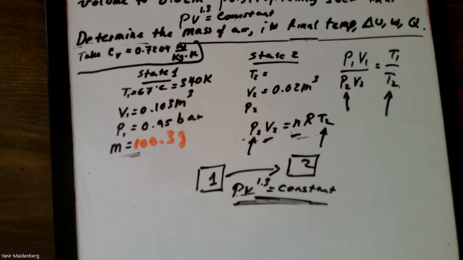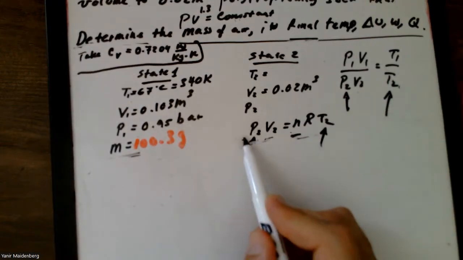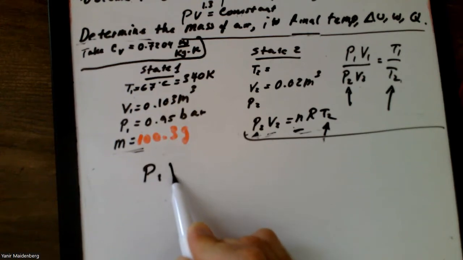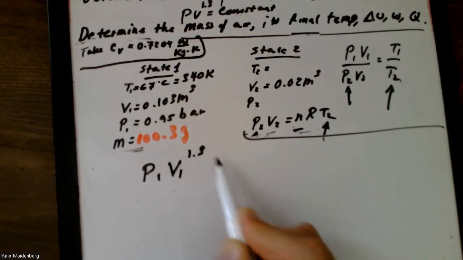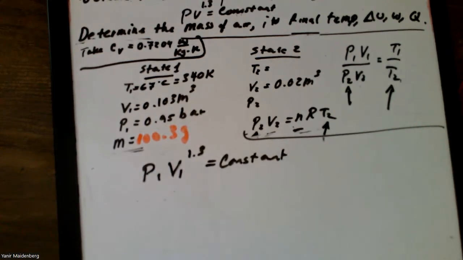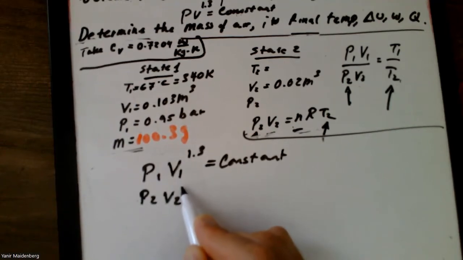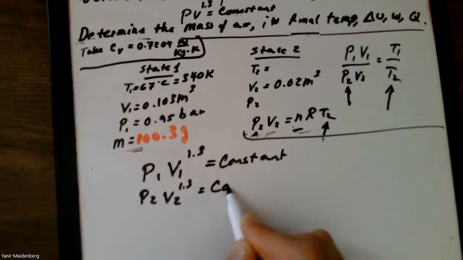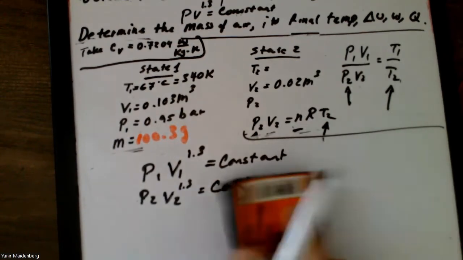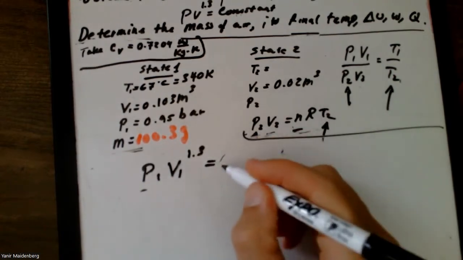What this means for this process is that the initial pressure times the initial volume raised to the 1.3 is equal to a constant. And it's also true that P2 times V2 raised to the same exponent is going to equal the same constant. So in essence, since these two are the same, I can say that this is the case.